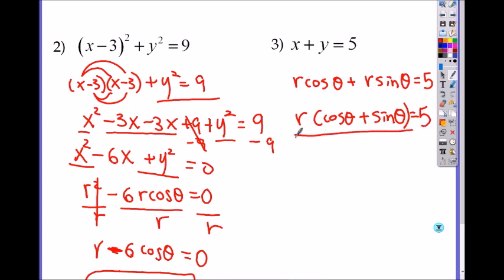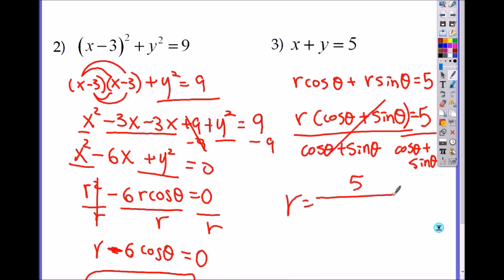Then what would you do? Divide by cosine of theta plus sine of theta. You do the same thing on the other side. So you get your r equals 5 divided by cosine of theta plus sine of theta.